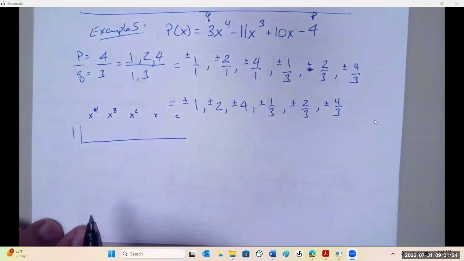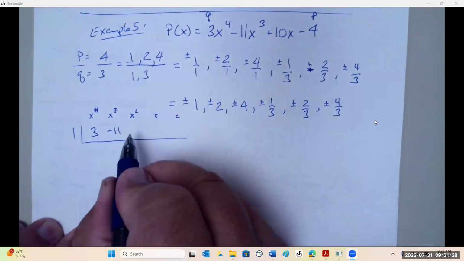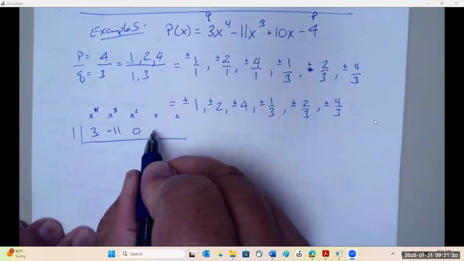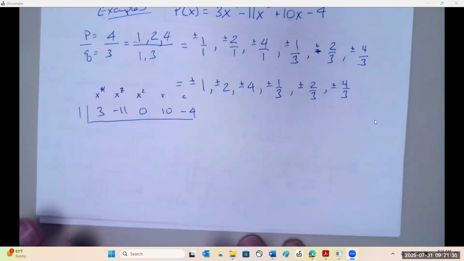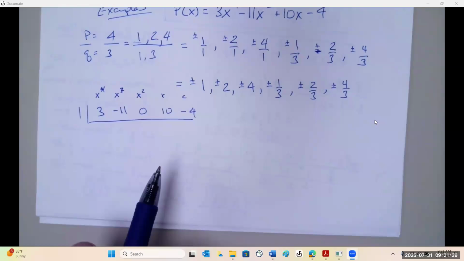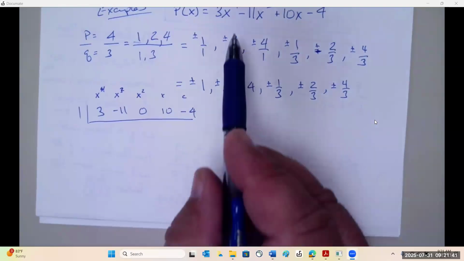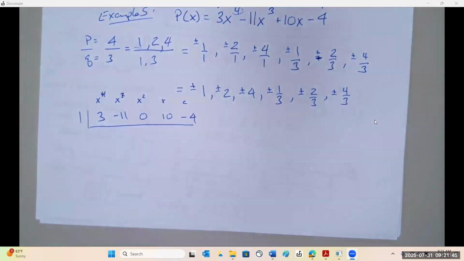Those are where the coefficients go: 3, negative 11, 0, 10, and negative 4. You cannot forget that 0 because it needs to be allocated. That's why you start from the highest exponent and count all the way down to the constant.